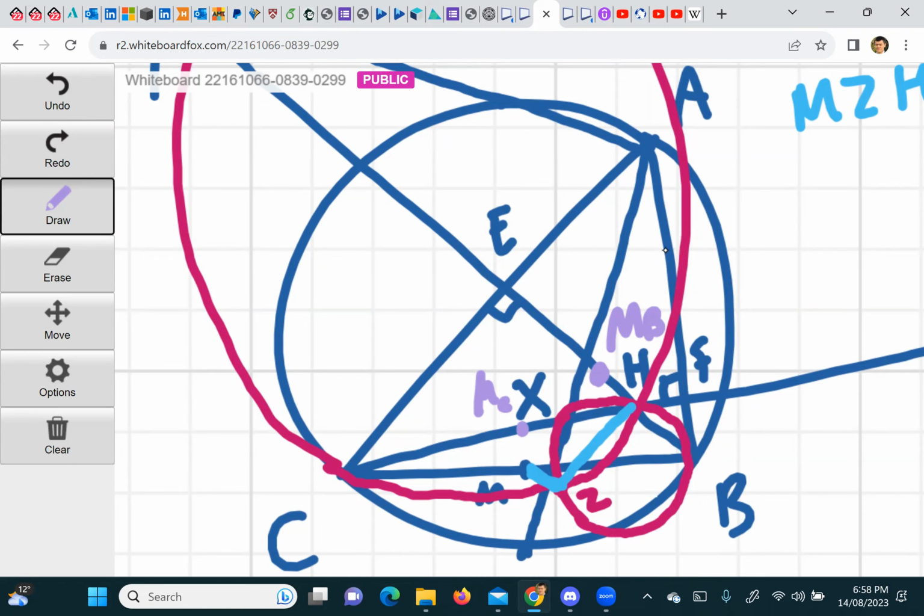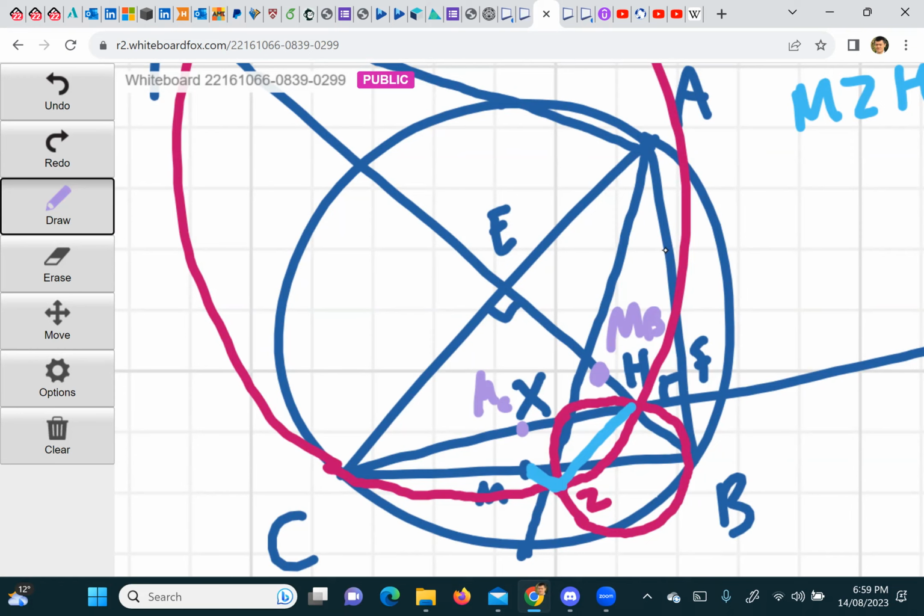Alright, so MC and MB, the midpoints. Can you see that if the angle at Z is 90 degrees, then they would all lie on the same circle: M, Z, H, MC, MB.